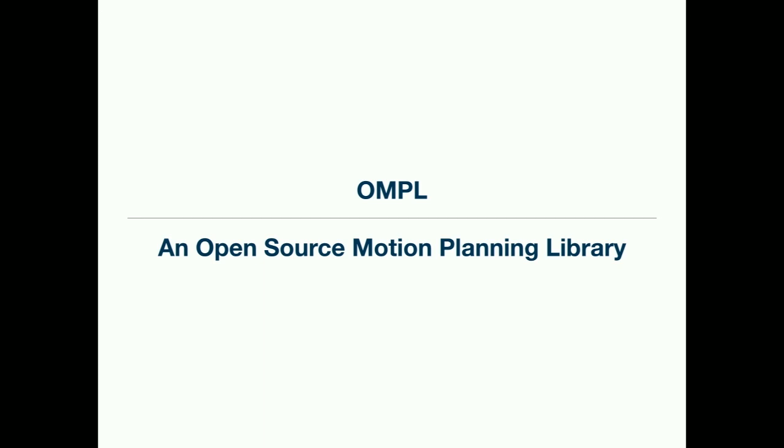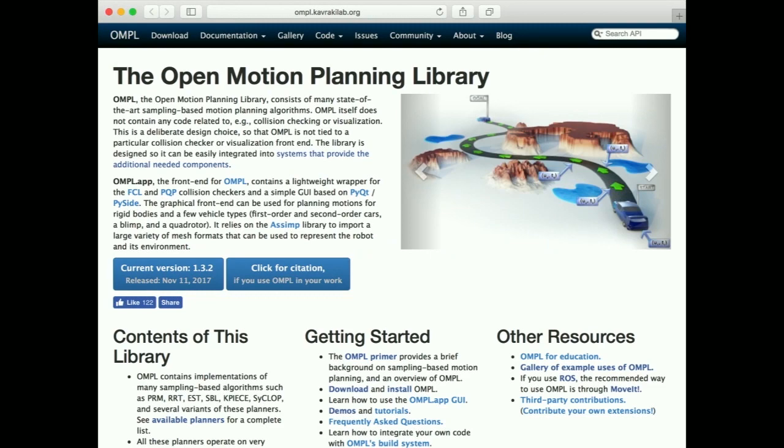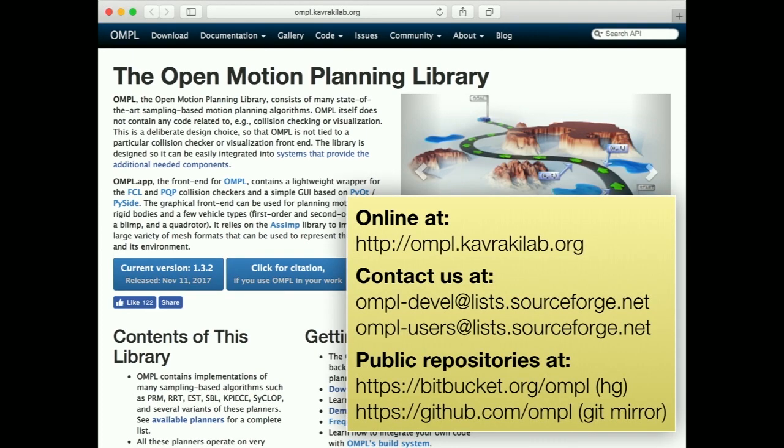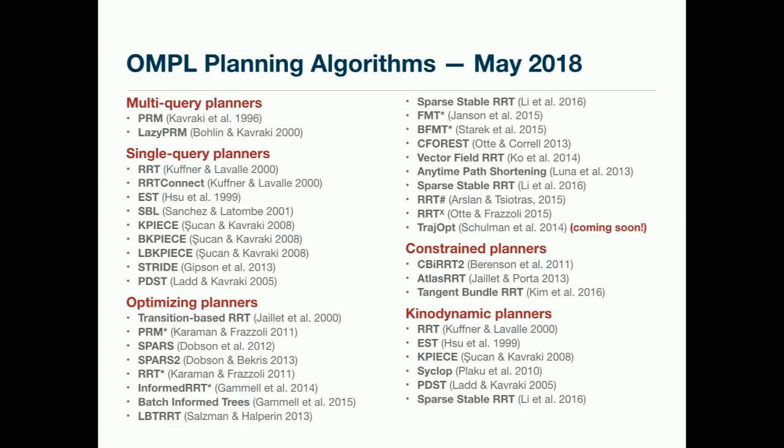It is something that I would like to point to your attention, if you don't know it, that we do support an open source motion library, which is called OMPL. And this has been an effort not only of my lab, but of several other labs that have contributed planners, and it's an open source library, as I said. It is very active.